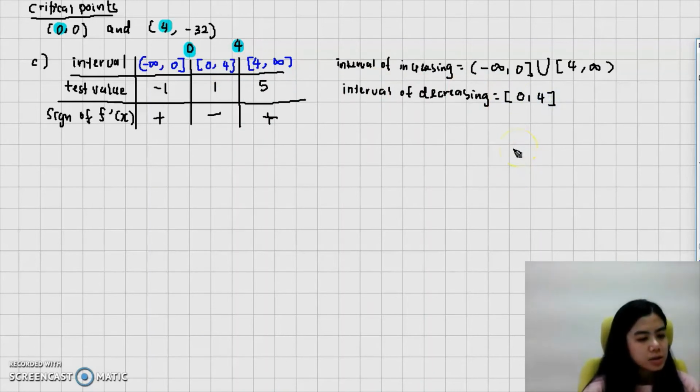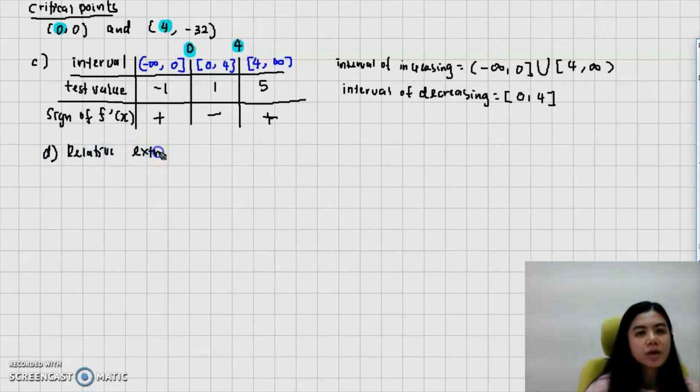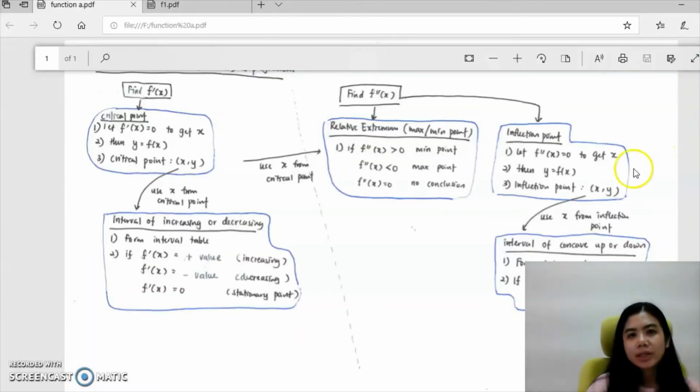Okay, the next thing we need to find is the relative extremum. If we are talking about a relative extremum point, that could be a relative maximum or a relative minimum. Let's go back to the flow chart one more time. We have done with this, so we go for the relative extremum.